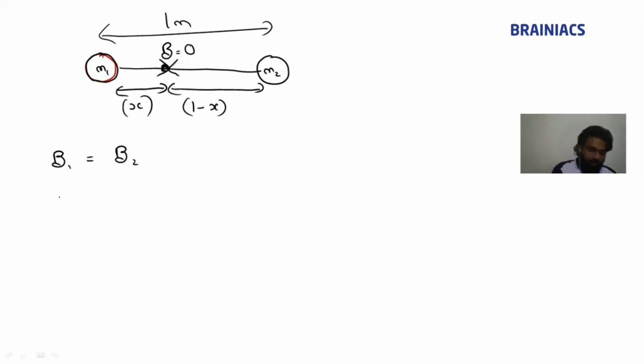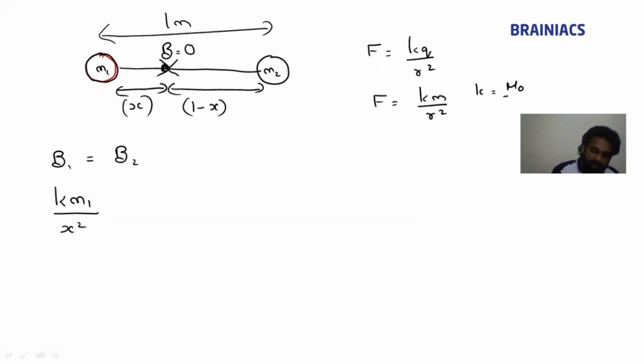Now what is B1? It is K m1 divided by x square. Just like kq by r square for force, we have km by r square here. K here is nothing but mu 0 by 4 pi, just as in the case of electric field we know it is 1 by 4 pi epsilon 0.